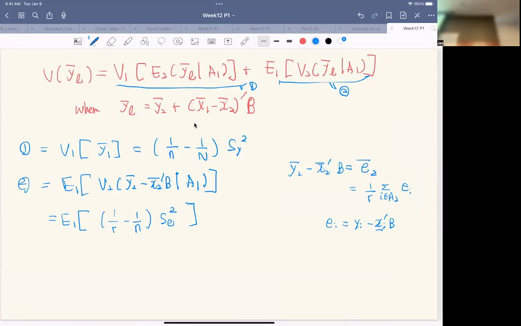Because this is simple random sampling. We are basically interested in computing the variance of E bar 2 given A1. That means the sampling is a simple random sample of size R from N. So you have this term, and then you have something like this, minus E bar square, so you can call it E square.